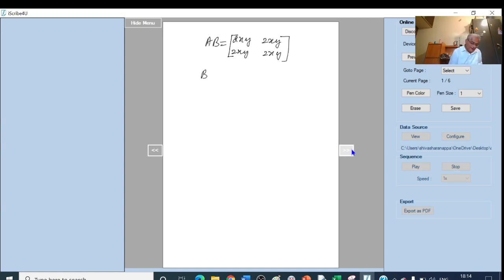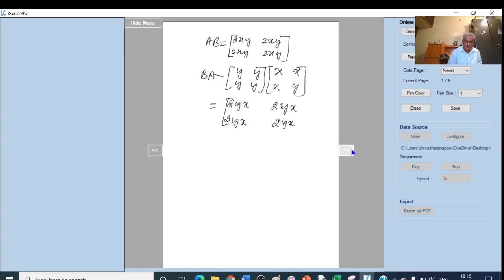And what about BA? BA is equal to y, y, y, y into x, x, x, x. This is equal to first row, first column, yx plus yx, that is 2yx. This element is also 2yx, and so are the other two elements.